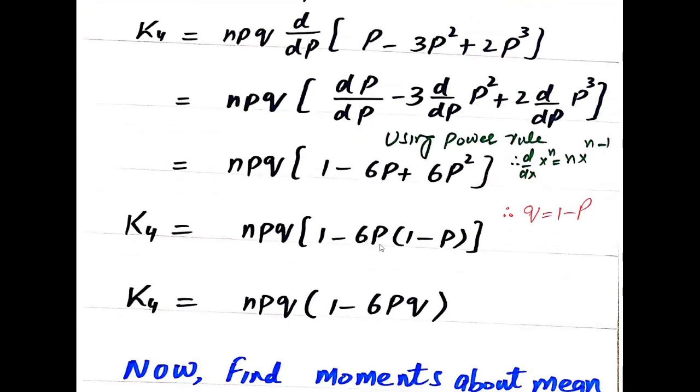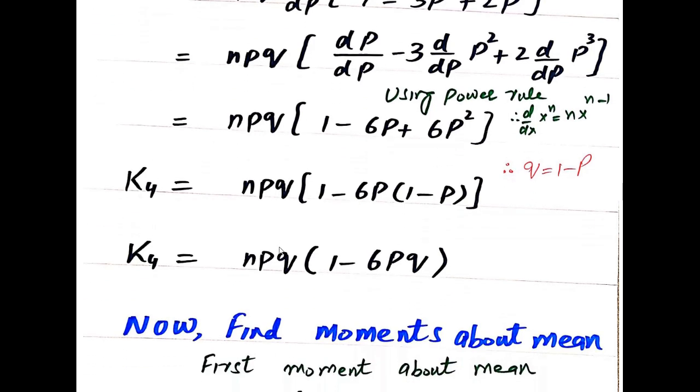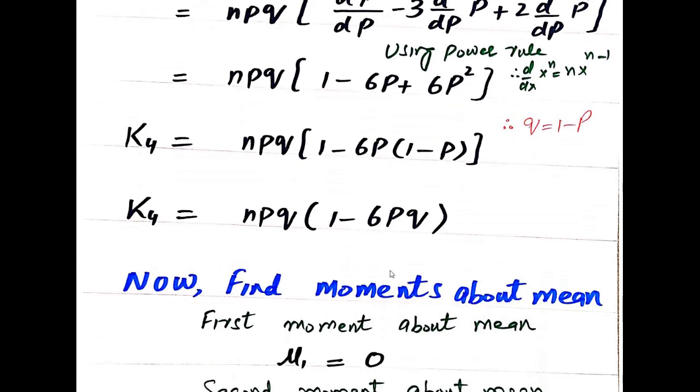So 1 minus 6p, taking 6p common, 1 minus p is equal to q, npq into 1 minus 6pq. So our k4 is npq into 1 minus 6pq.